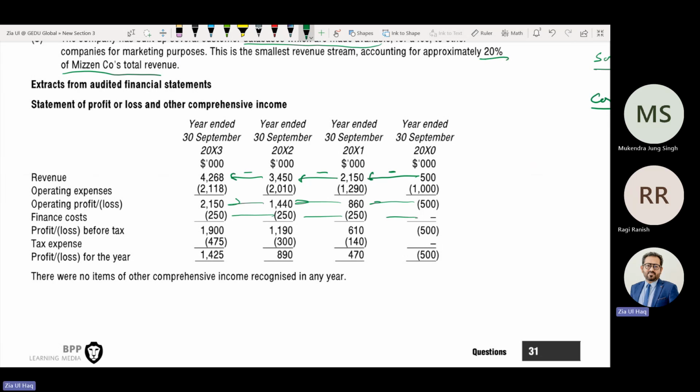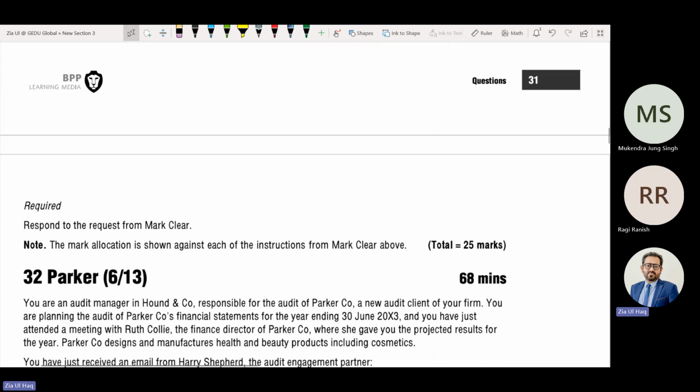No change in liability. Company is not paying back. If they are paying back, finance cost could be reducing over the years. And profit before tax, tax expense according to profit, and then profit after tax is increasing. There were no items of other comprehensive income recognized in the year.